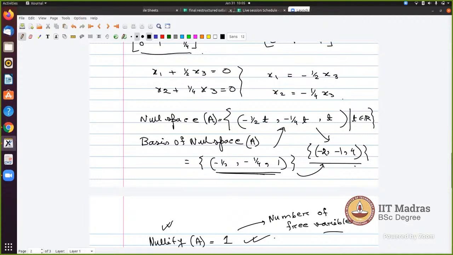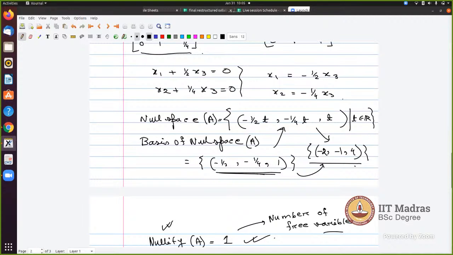So, for example, if I want to say that this particular basis spans entire R3, that means the dimension must be 3. There should be at least 3 vectors. Otherwise, how can it span? Okay.